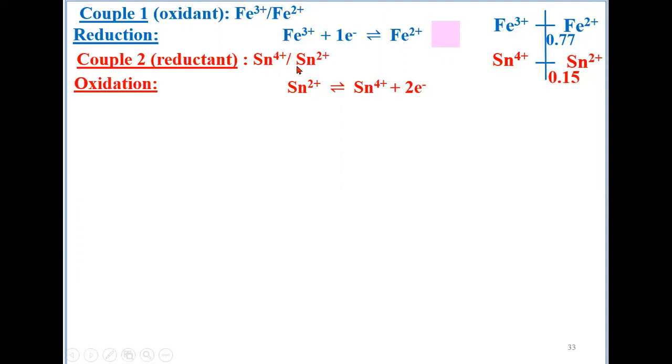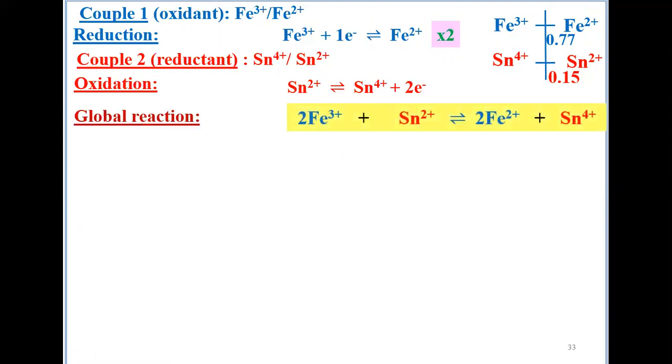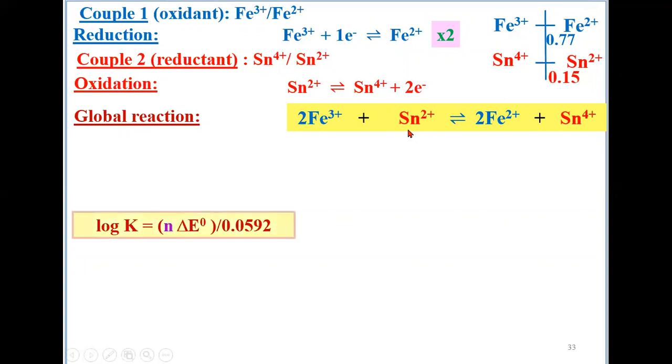So with this equation, we put the Fe3 plus, this is going to be my reduction, and the tin2 plus, which is going to be my oxidation, because those are the reactants that I have in solution. Okay? I'm getting a global reaction, and that's my global reaction. I had to multiply the Fe by 2 in order to balance the equation.